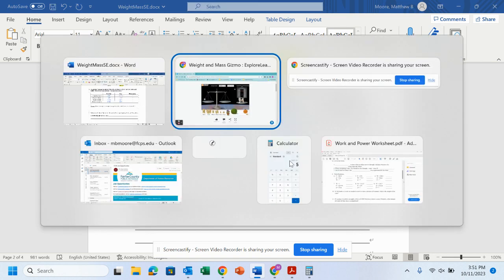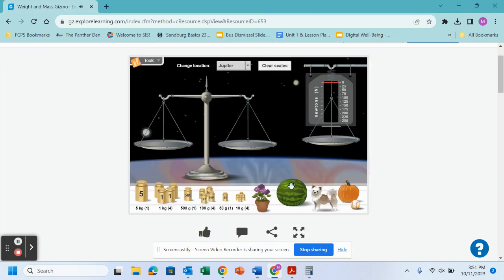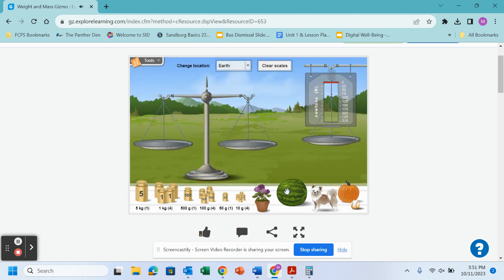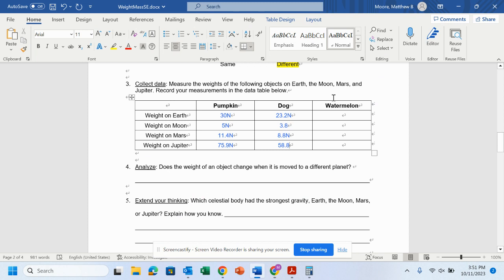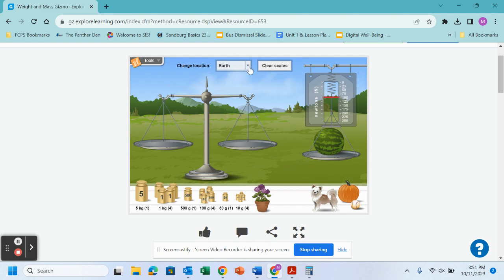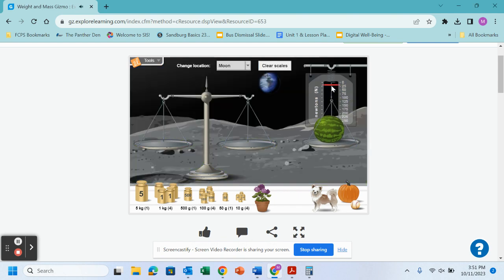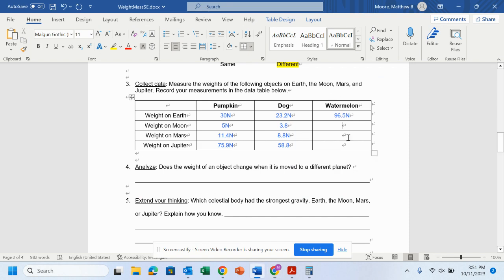Okay. We're going to go to the watermelon. So we're going to clear the scales. We're going to go back to Earth. We're going to put the watermelon on there. 96.5 newtons. Then we're going to do Moon, 16 newtons.